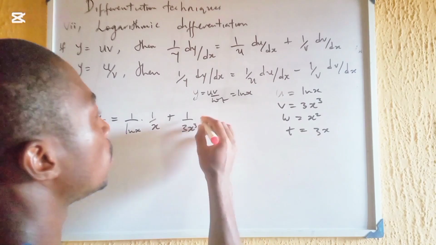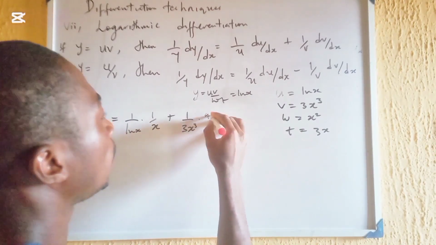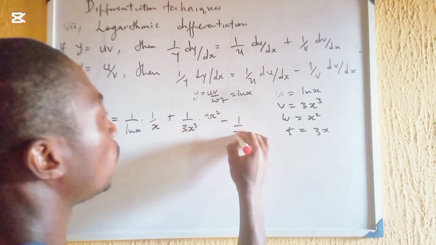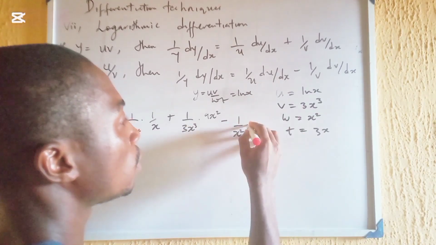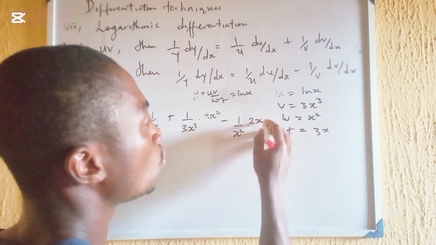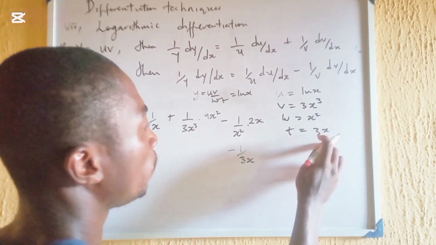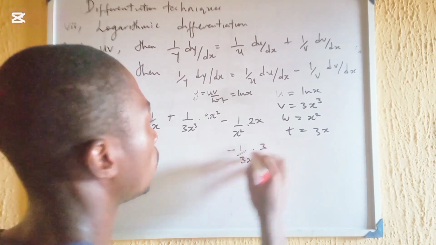Then differentiate this, you'll have 9x squared, then minus 1 over x squared. Differentiate this, you'll have 2x minus 1 over 3x. Differentiate it, you'll have 3.